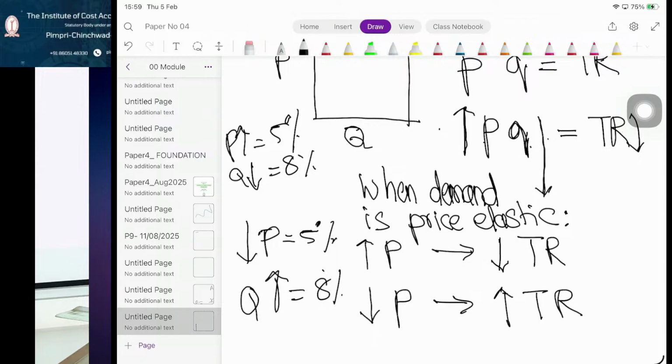Let us just write the case for price inelastic, and then we will close the session for today. Just one more concept we want to do.